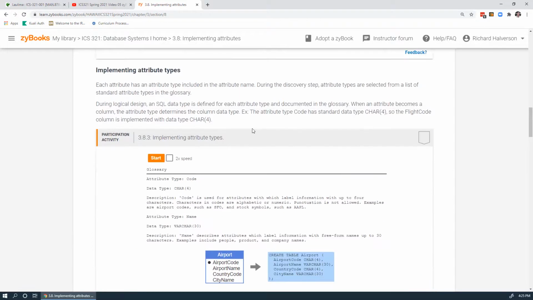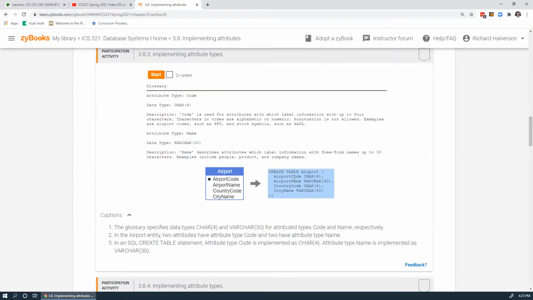So implementing attribute types. Okay, here we're starting to get into the field types, char, varchar, and so on. Those are saying it's going to be characters with a maximum of 4 characters for the airport code, a maximum of 30 characters for the airport name, and so on.